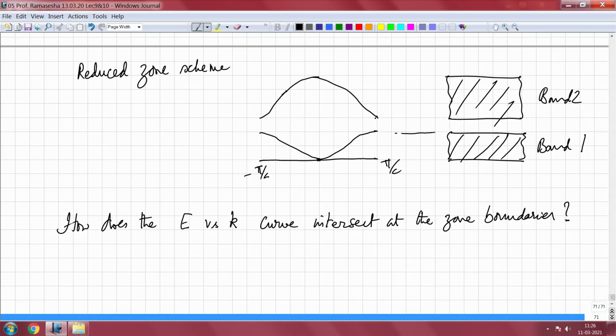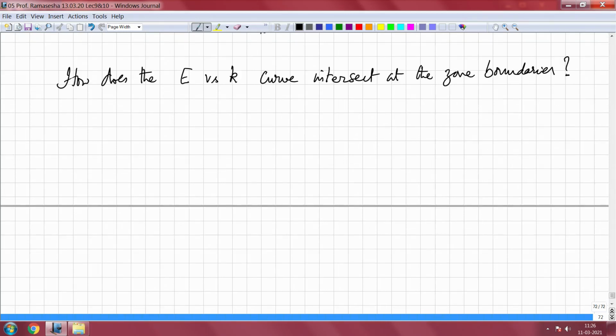So, this is an important question that we want to ask. In order to answer that question, let us think of the following: we have two states near the band edge, near the zone edge rather, and one state has energy which is given by EL, the lower energy band, which is given by h cross squared by 2m into (KB minus delta) squared at the zone boundary.